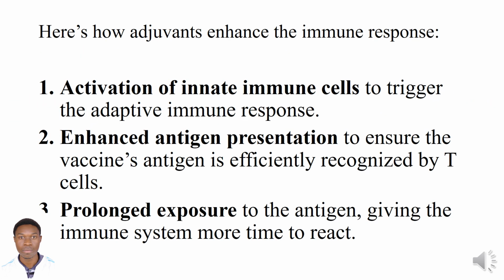And here's how adjuvants enhance the immune response. At first, there is activation of innate immune cells, and by this, adjuvants primarily stimulate the innate immune system, which is the first line of defense, by activating innate immune cells.